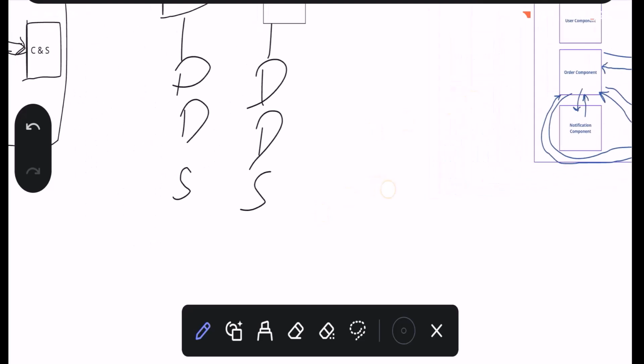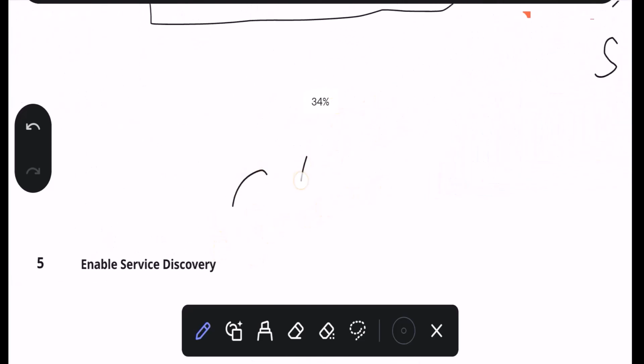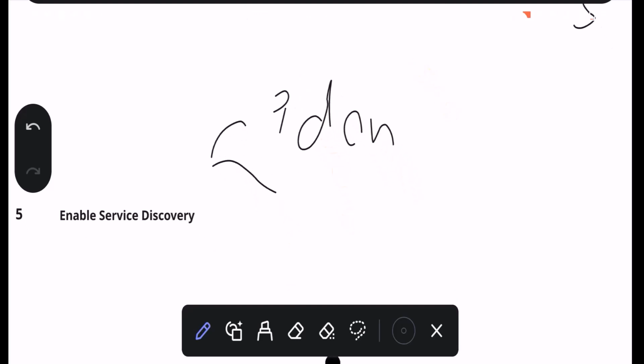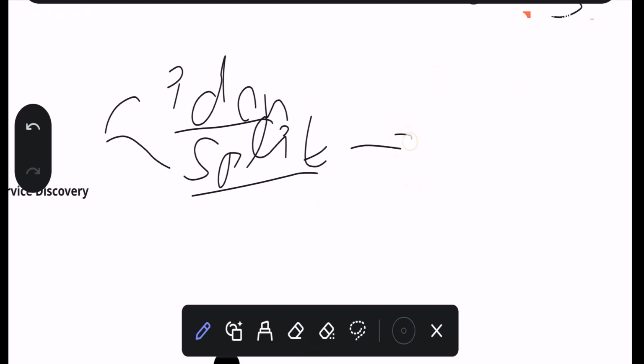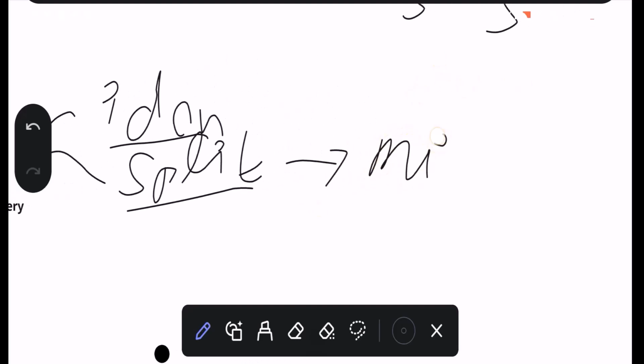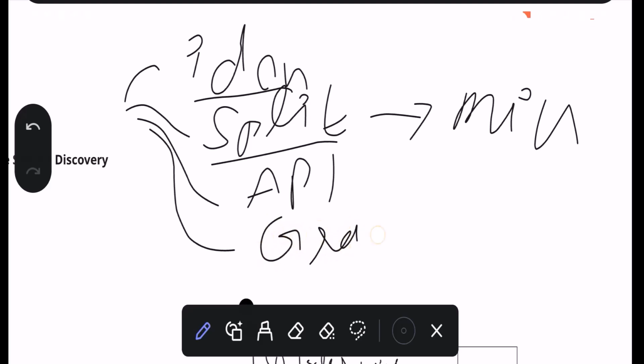Now let's move towards the fifth step, after analyzing our monolith, splitting components by business capability, or identifying microservices, crafting APIs, and then having a gradual replacement.